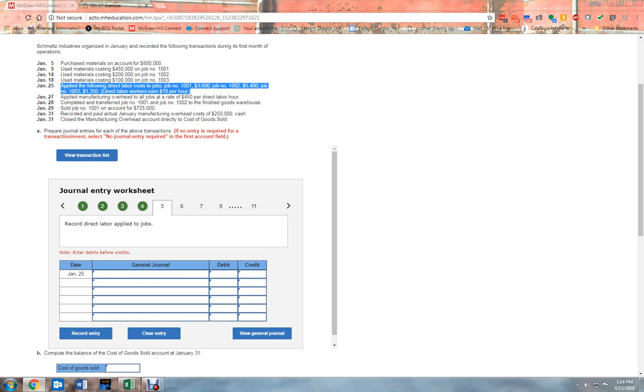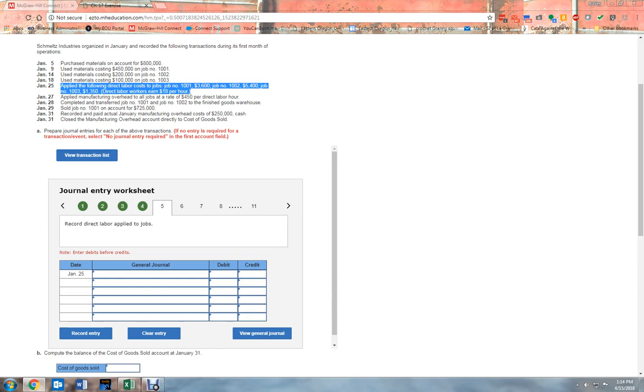Now it looks like we're going to apply some direct labor costs. 1001 gets $3,600, 1002 gets $5,400, and 1003 gets $1,350. Direct labor hour workers earn $18 per hour. We can do this in a compound entry.